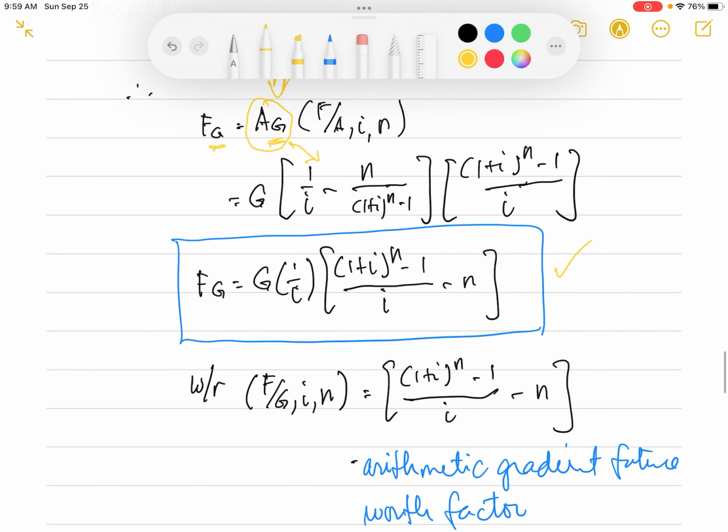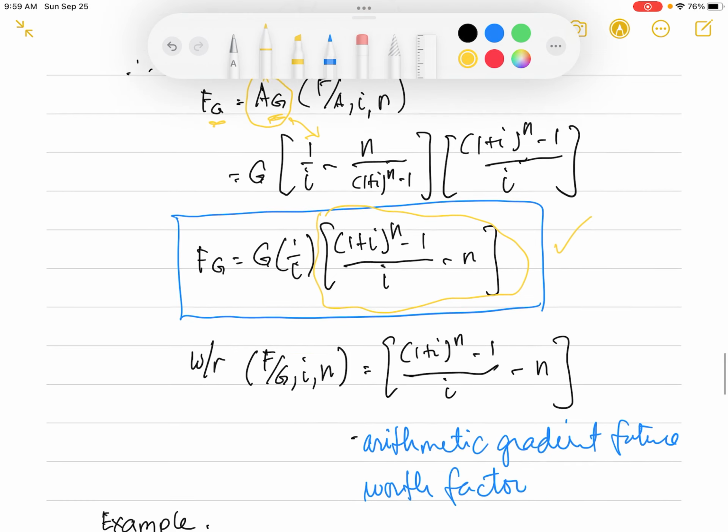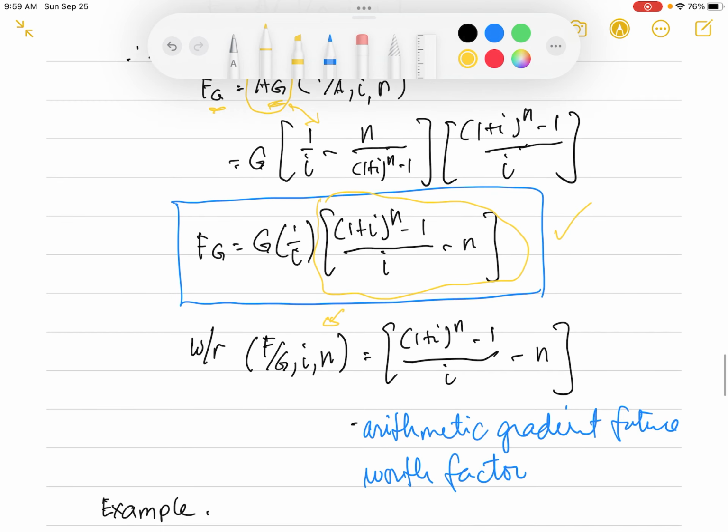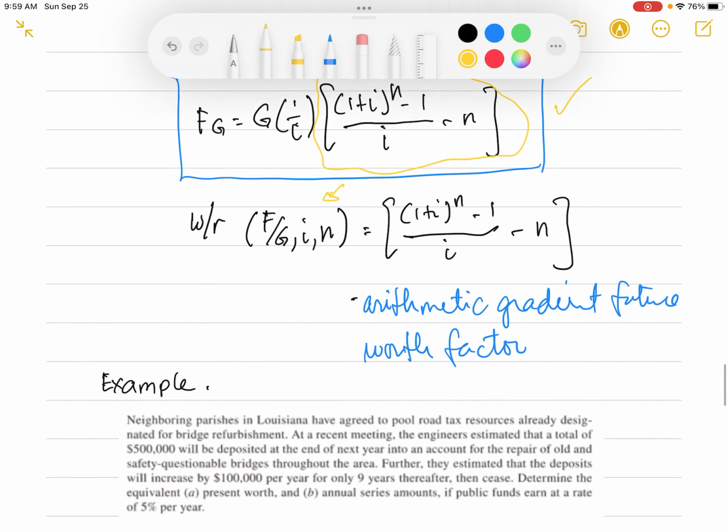This whole factor here will be called the arithmetic gradient future worth factor. This is the notation that we use in finance or engineering economy. All right, so let's proceed with an example.